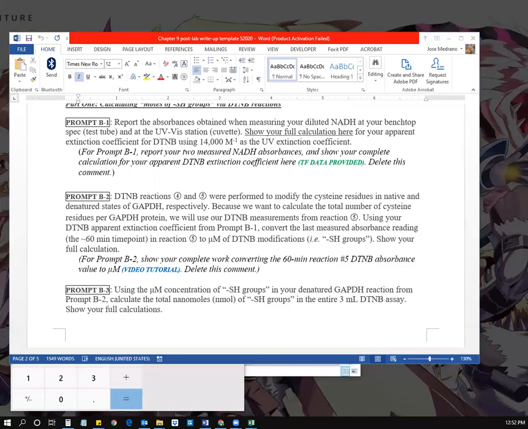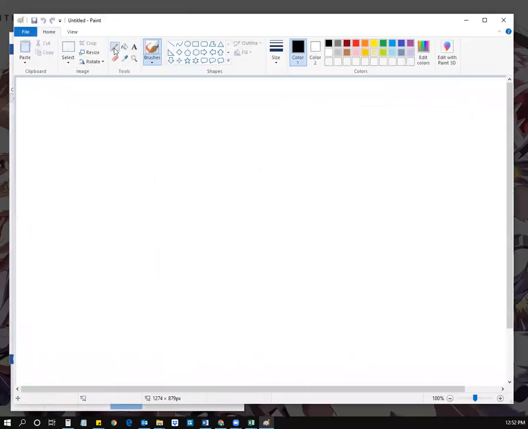And so what I'm going to use here is Microsoft Paint to go through these calculations. The concept is that the absorbance that you have for the UV cuvettes, and this is just reviewing the basic concepts from Chapter 3 when you had to do this for the LDH activity assays.